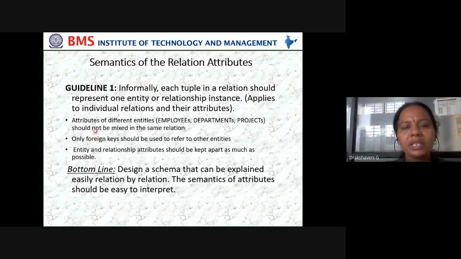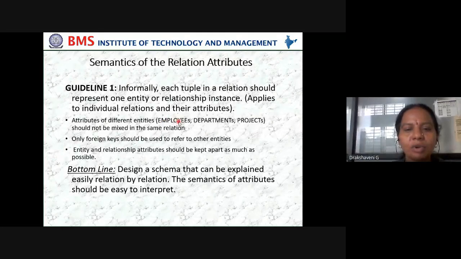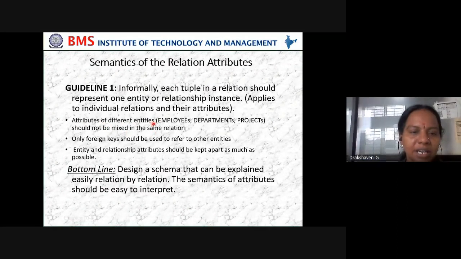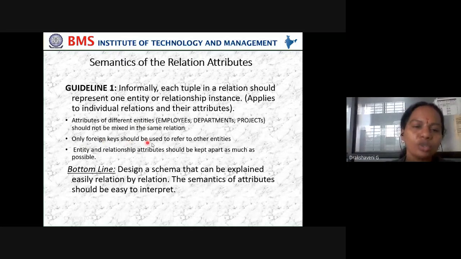Suppose we have employees, departments and projects; they should not be mixed in the same relation. Entity and relationship attributes should be kept apart as much as possible.